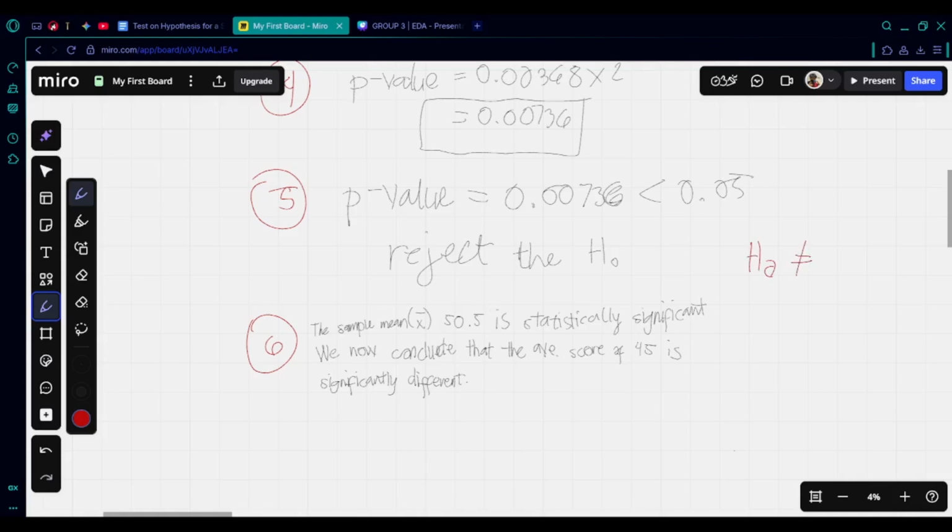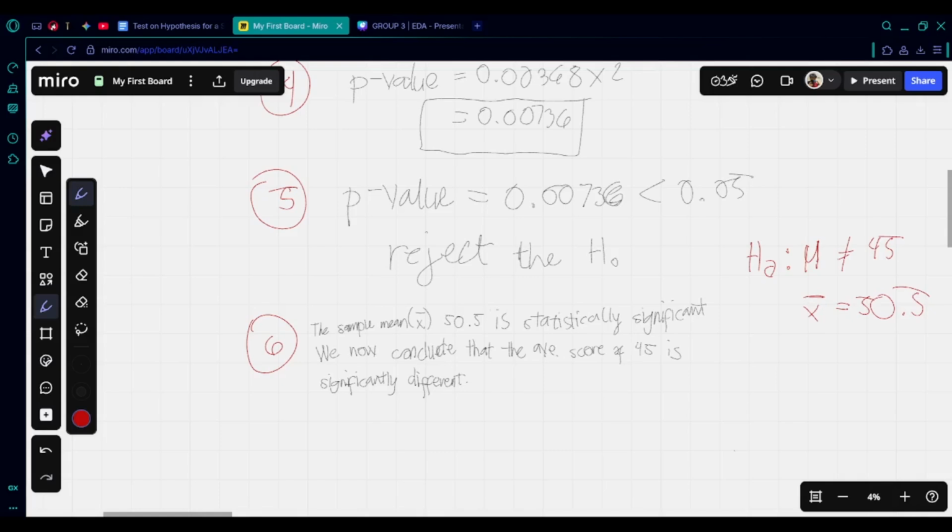It was said earlier that the mean is not equal to 45, and we have the value of the sample mean, which is 50.5. So this means that the alternative hypothesis is statistically significant.